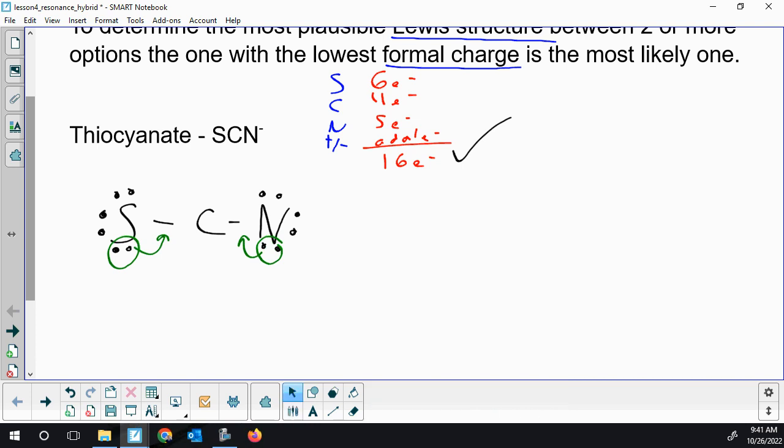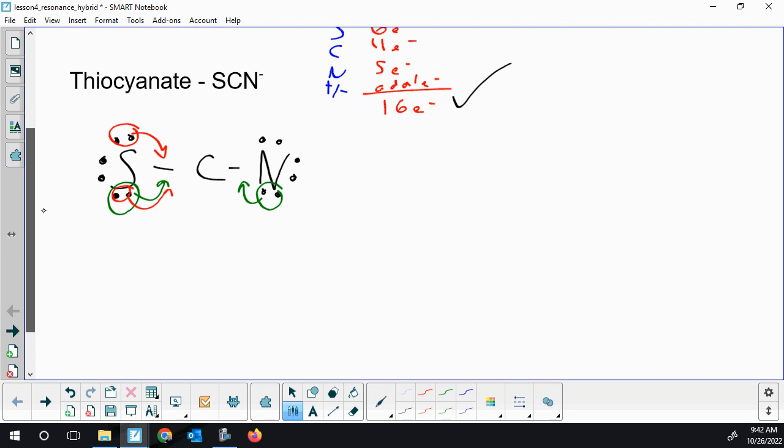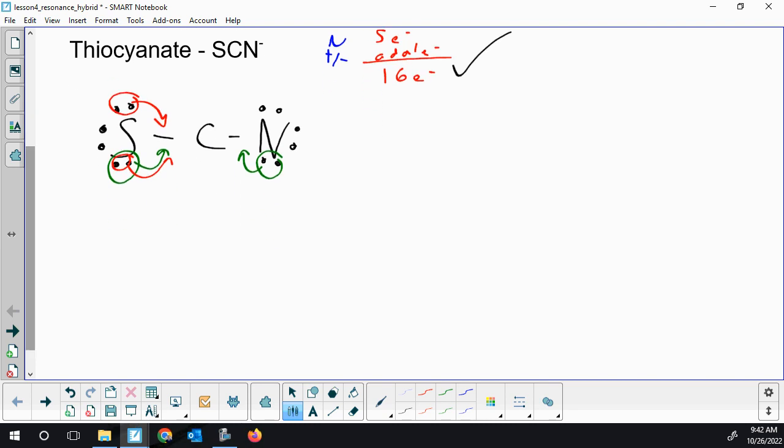But that's not the only option. I could have just pulled everything from the sulfur. Okay? The other option, I could pull those, but then I could have went to the same side, okay, and pulled another 2. That would also pull 8 total electrons around carbon. And we're going to compare those 2 options, the green option and the red.